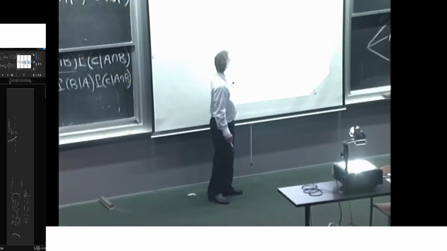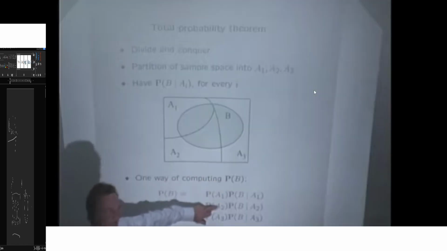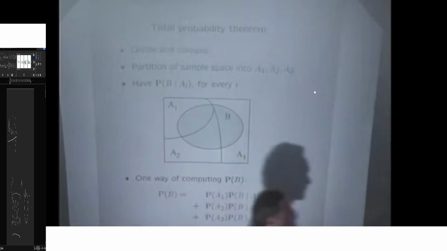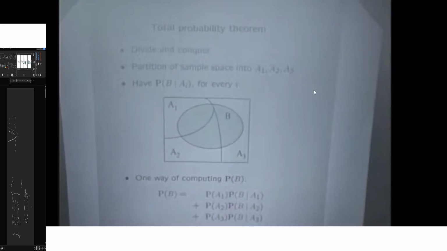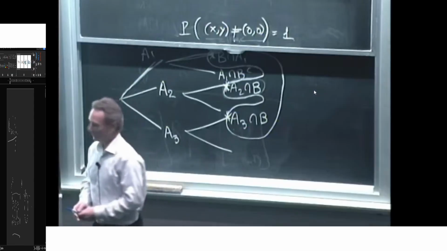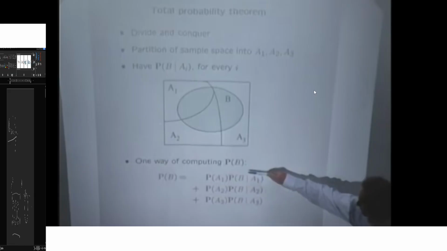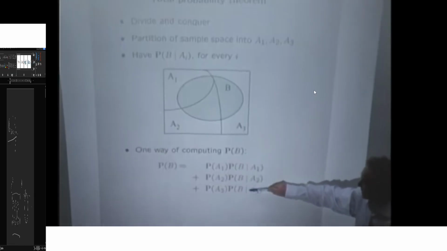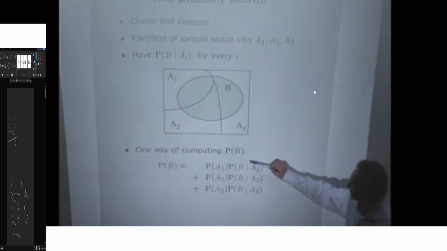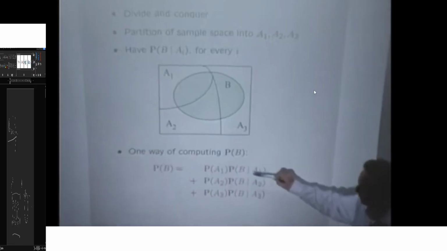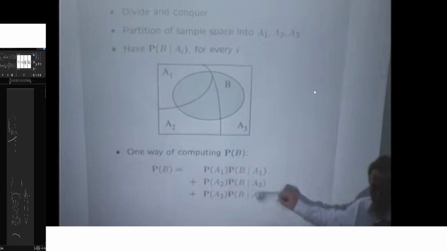Okay, so going back to the story here. There are 3 possible scenarios about what can happen in the world that are captured here. Under each scenario, event B may or may not happen. And so these probabilities tell us the likelihoods of the different scenarios. These conditional probabilities tell us how likely is it for B to happen under one scenario or the other scenario or the other scenario.